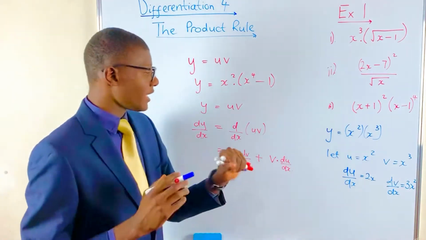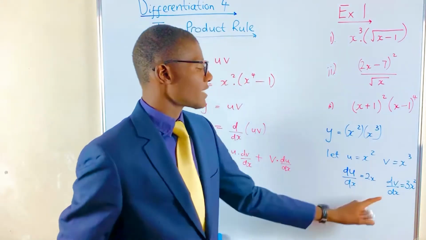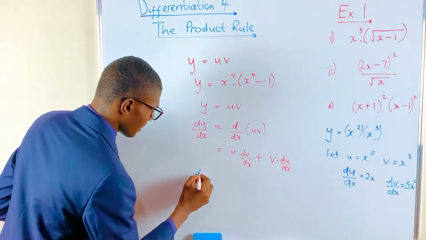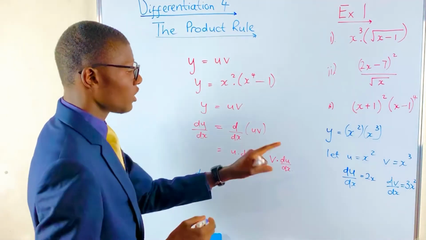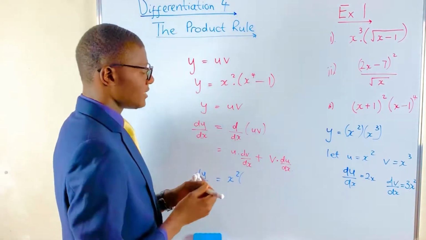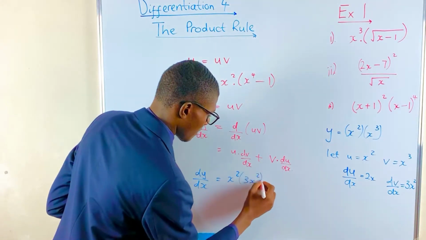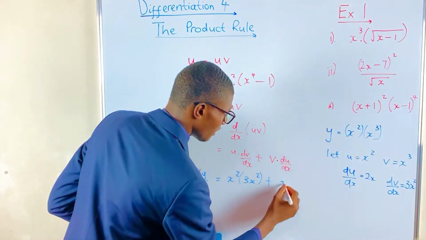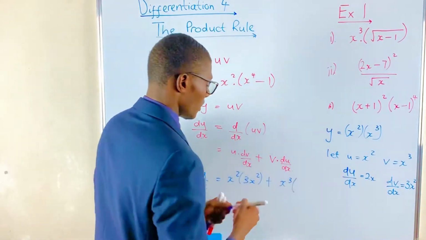The next step is to substitute u, v, du by dx and dv by dx into the rule. So dy by dx is equal to u, in this case x squared, times dv by dx, which is 3x squared, plus v, which is x to the power of 3, times du by dx, which is 2x.